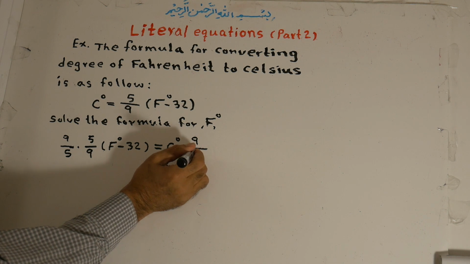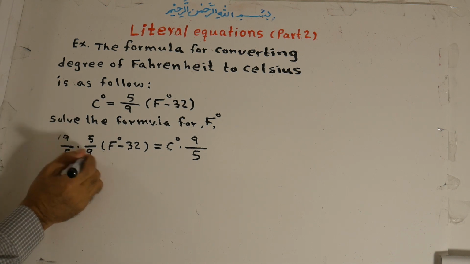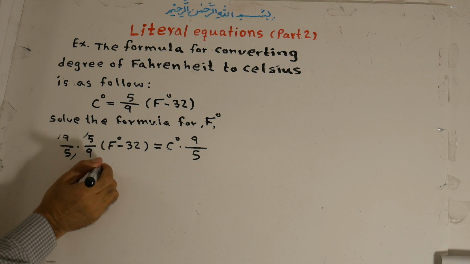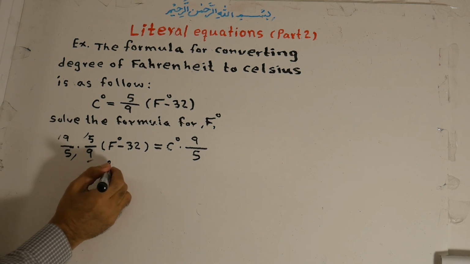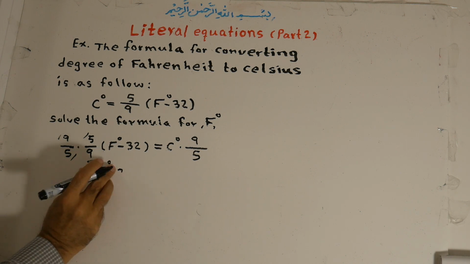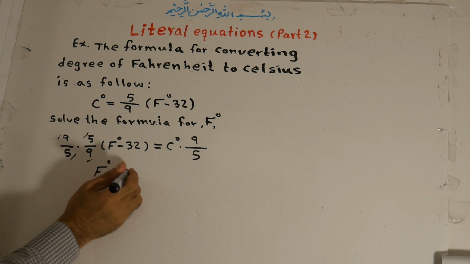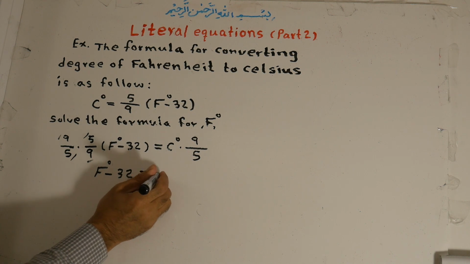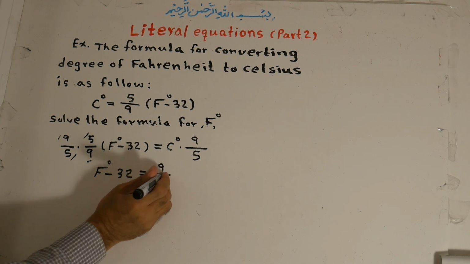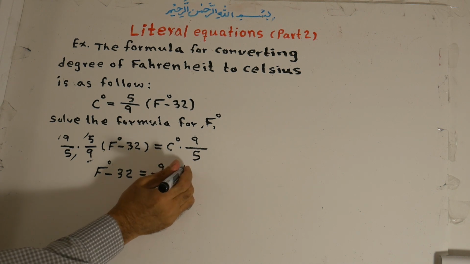At the same time we multiply the right side by 9/5 also. 9 cancels with 9 and 5 with 5. Here remaining, degree of Fahrenheit minus 32 is equal to 9/5 degree of centigrade.